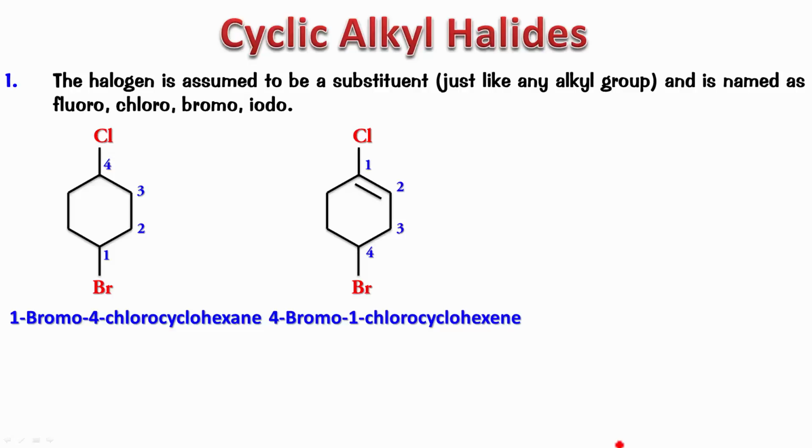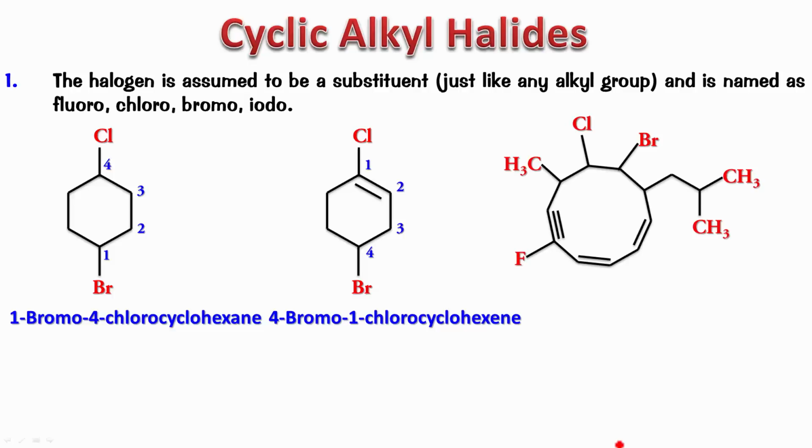And let's try one last one, a bit complicated, something like this. We've seen something similar when we did cycloalkenes. Pause the video, name the molecule, check the answer. Now here, when we number, we must understand that the rule of numbering is simply based on cycloalkenes and alkynes, which means one of the double bond carbons will get 1.